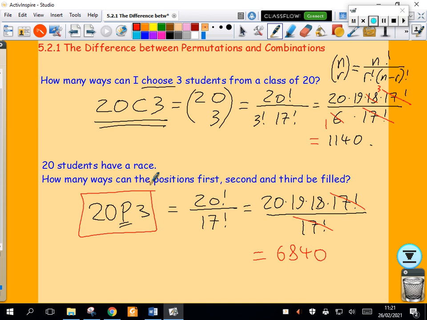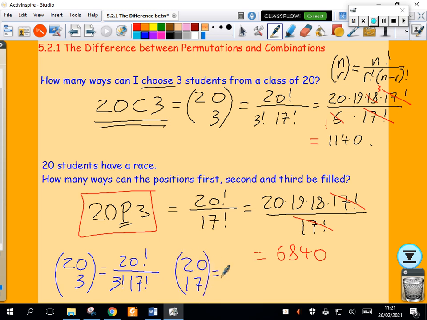One important thing to note, which we actually looked at a lot of these combinations back when we were looking at the binomial theorem, is that if I take 20 choose 3, which is 20 factorial divided by 3 factorial times 17 factorial, that will be exactly equal to 20 choose 17.